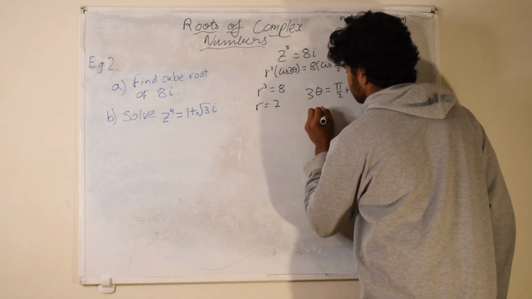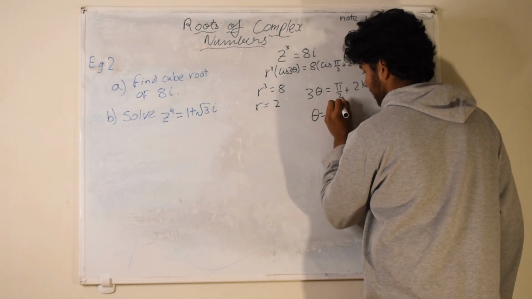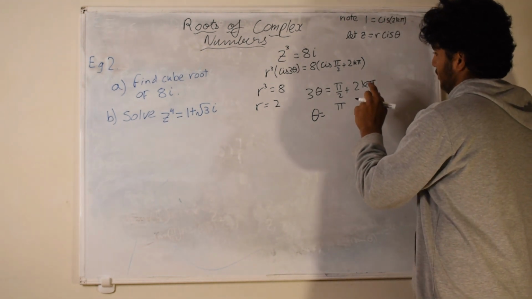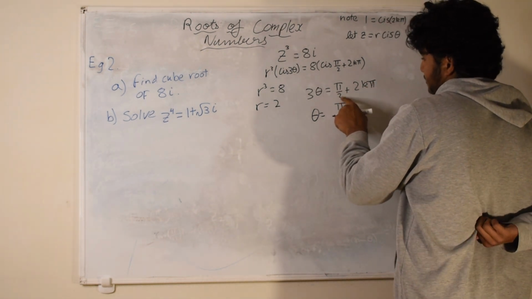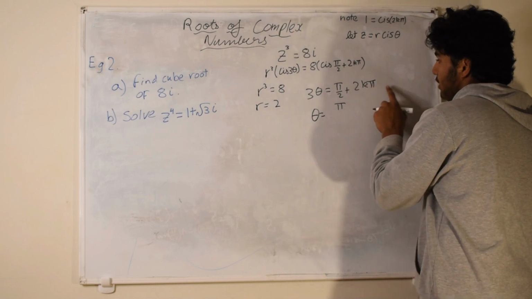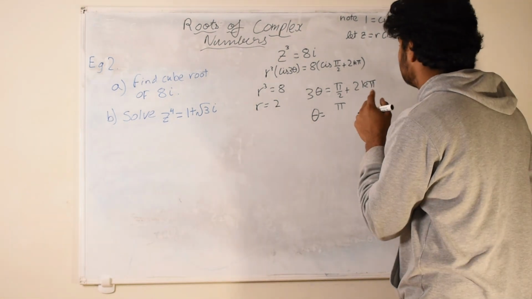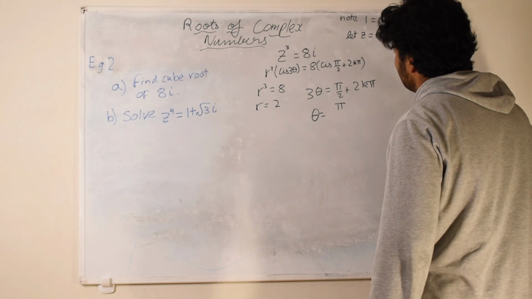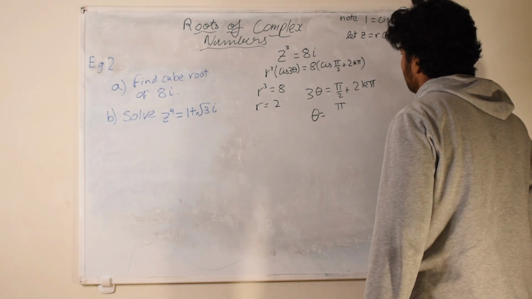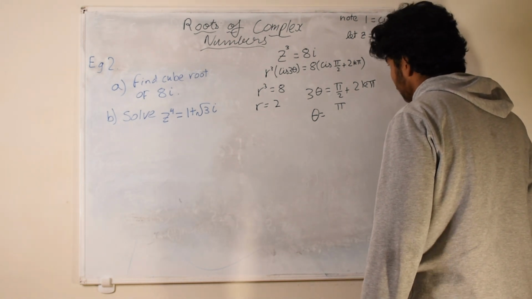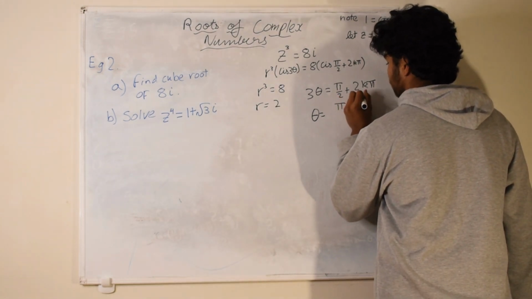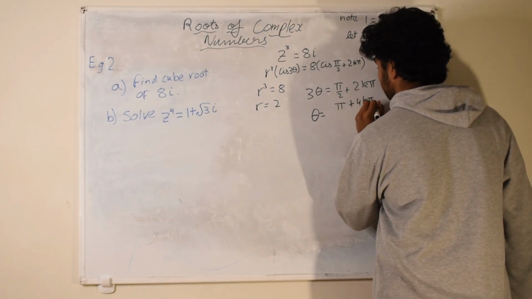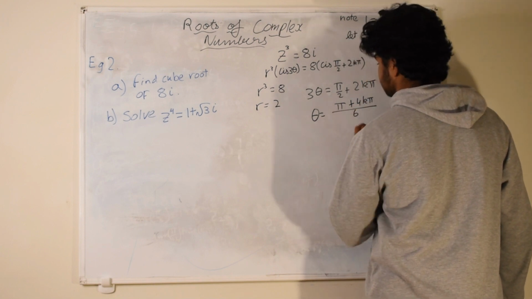We get theta is then pi upon 6 plus 2k pi all upon 3. Multiplying that by 2, we get pi plus 4k pi all upon 6.